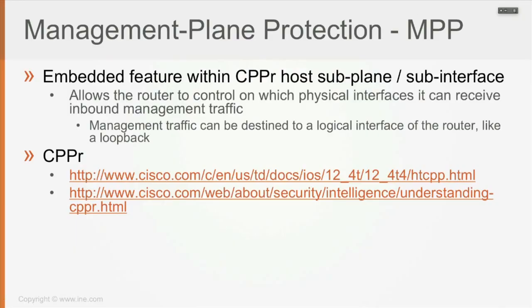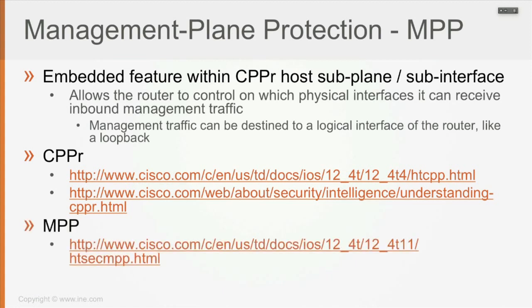So a couple of useful links about CPPR configuration and understanding, and also about MPP configuration and understanding. Even if it's for 12.4 code, it's because in that code, Cisco came up with the control plane protection feature as an upgrade to control plane policing. So most of the functionality of those two features is still described in those documents, which are for 12.4 code.